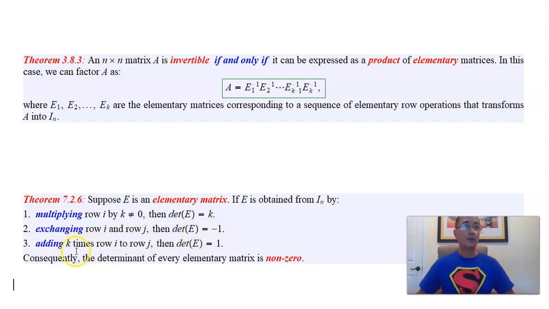But if you just add a multiple of one row to another row of the identity, then the determinant of that matrix is +1. Type 3 is probably the easiest to prove because when you do that, you get an upper or a lower triangular matrix. This tells us that the determinant of every elementary matrix is a non-zero number. In a type 1 operation, K is not allowed to be 0. -1 and +1 are obviously not 0.